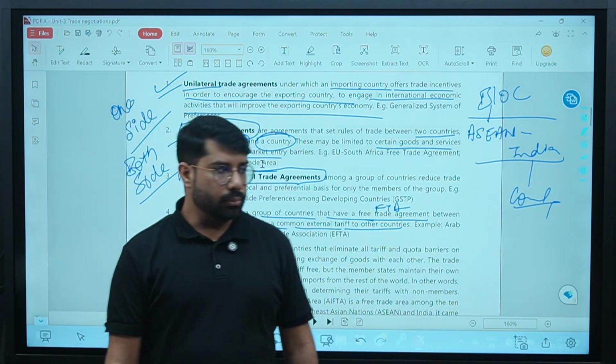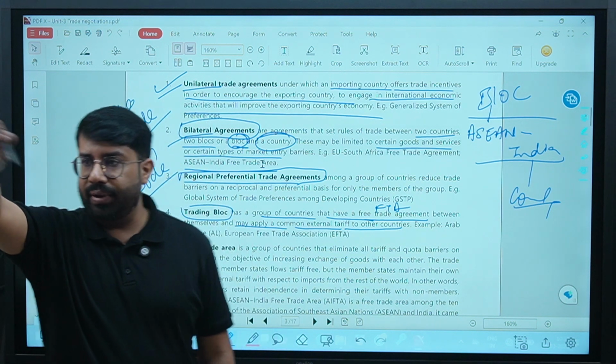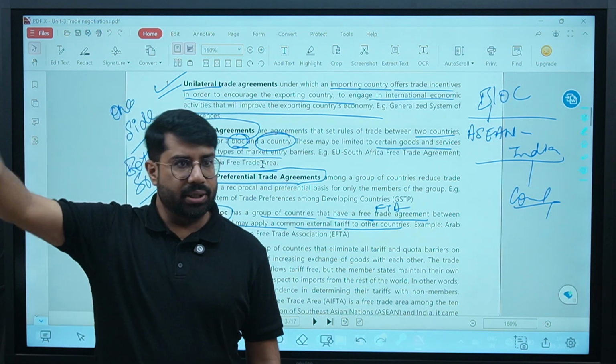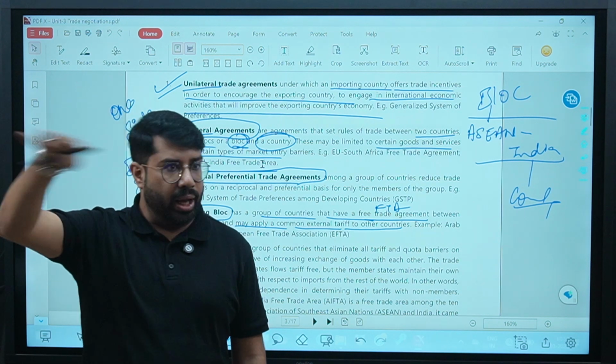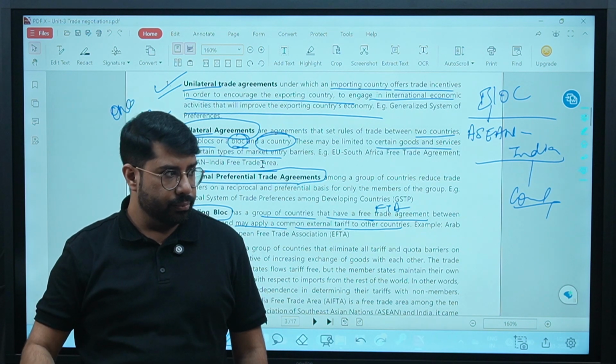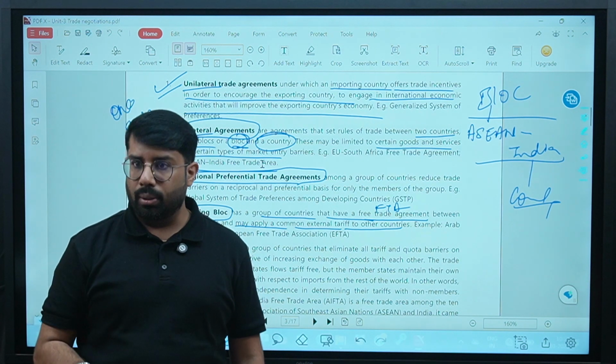It means if these countries have a free trade agreement, whenever they deal with themselves there will be either no tariff or very minimum tariff. They will decide one more thing if it is a trading block.